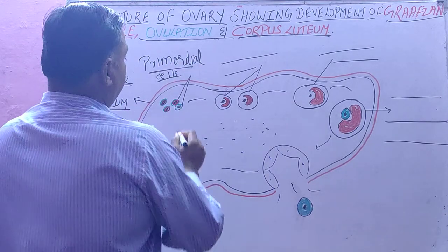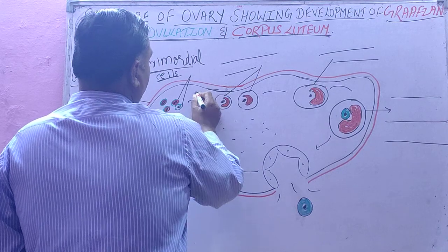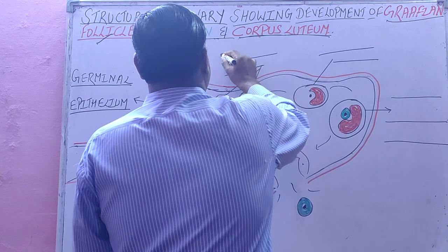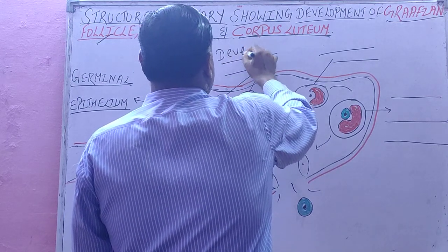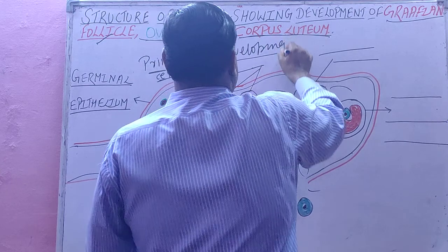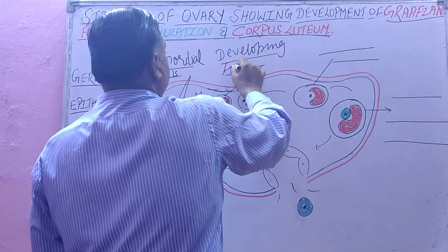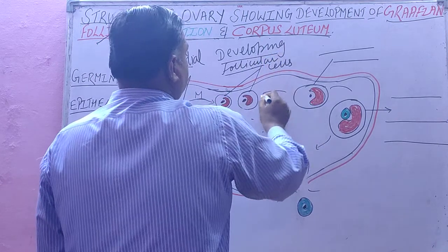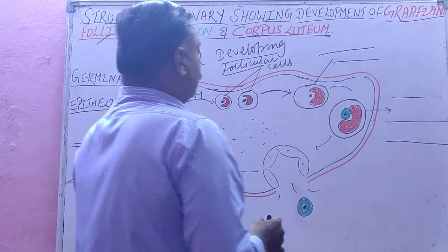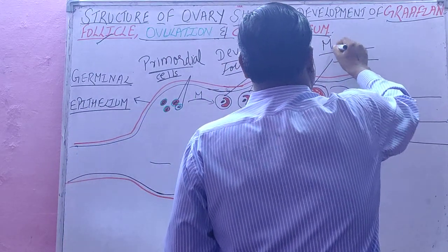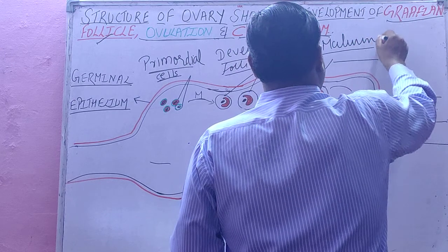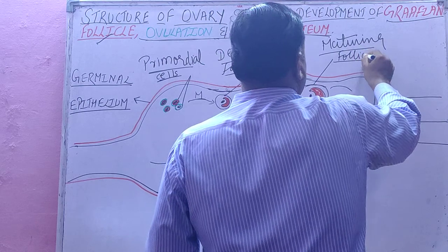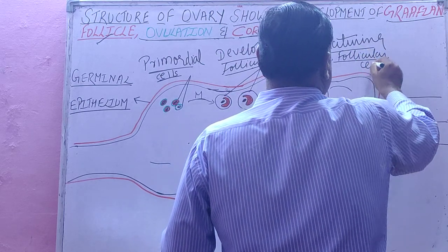Now this primordial cell divides by mitotic division to produce developing follicular cells. This developing follicular cell will grow to form maturing follicular cells.